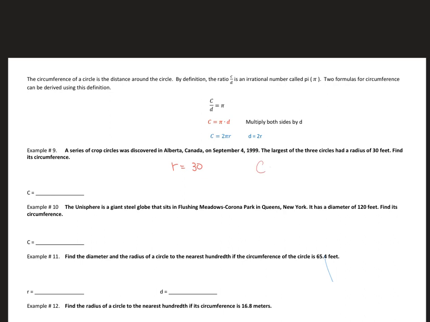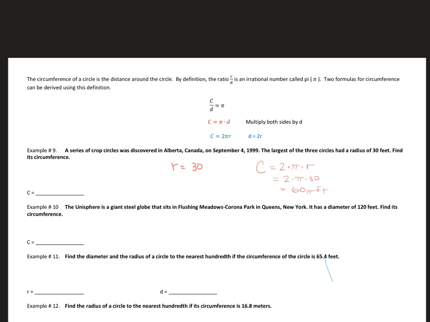So C equals 2 times pi times the radius. So that is 2 times pi times 30. Now I'm just going to multiply 2 times 30, and I get 60 pi feet.